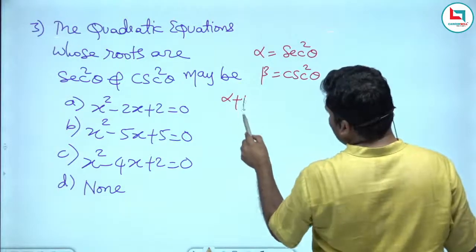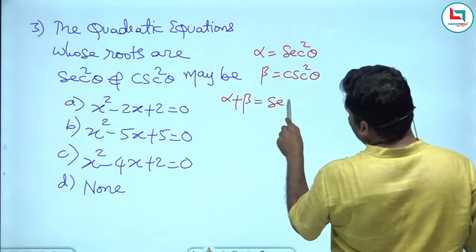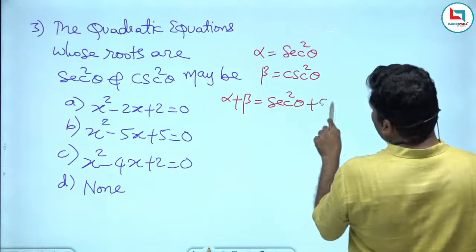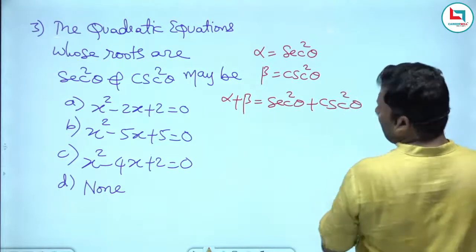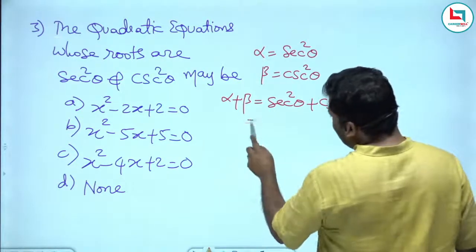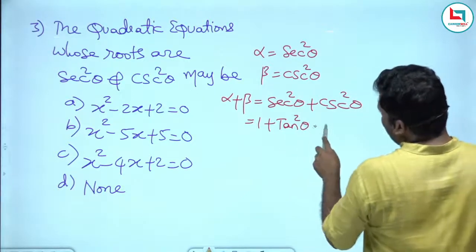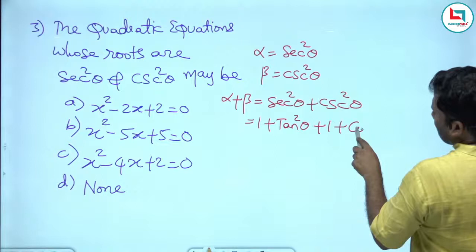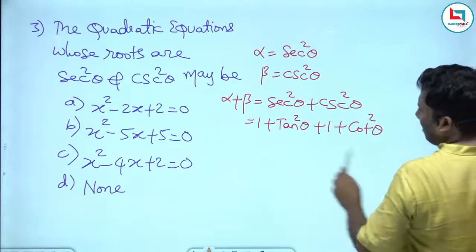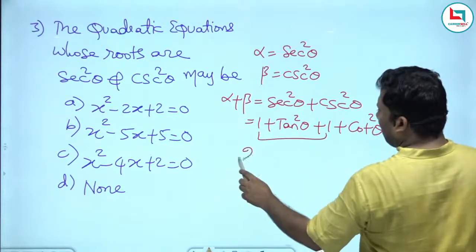Sum of the roots will be secant square theta plus cosecant square theta. Am I right? Secant square theta is 1 plus tan square theta. Cosecant square theta is 1 plus cot square theta. 1 plus 1 is 2.